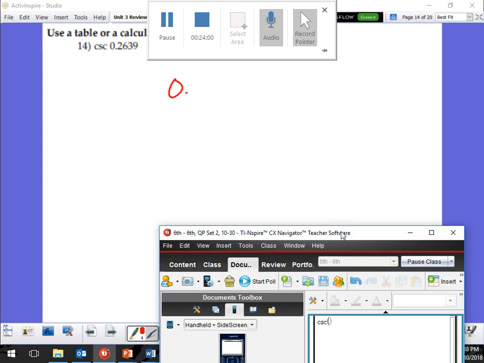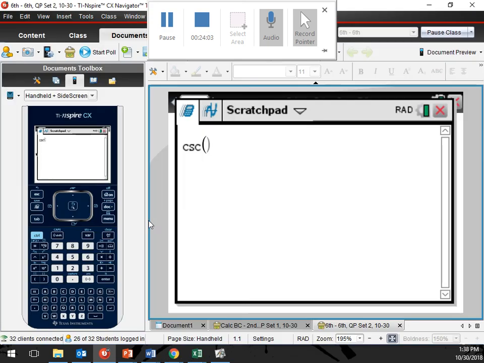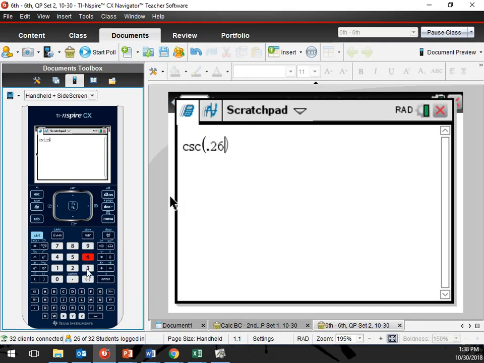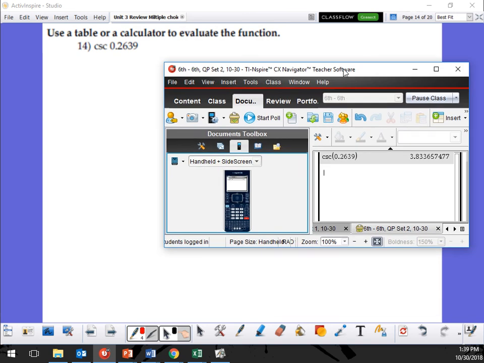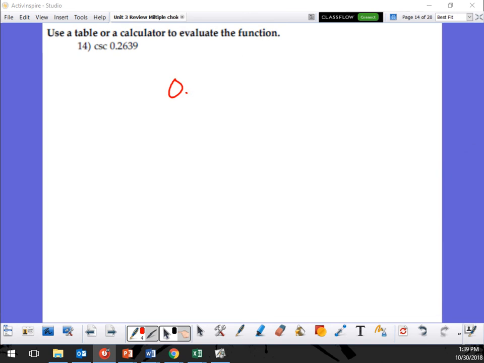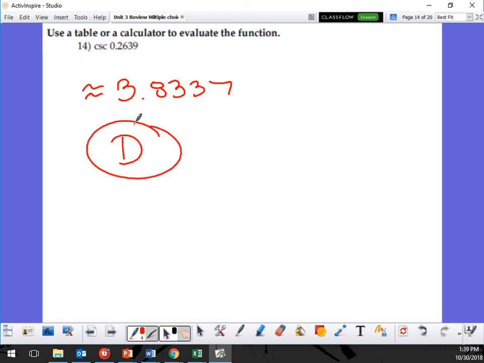That's why it gives you radians. Now, this one right here, you have to verify your calculator has to be in radian. So my answer should be what? 3.8337, D. You said D? Yeah. Okay, good.